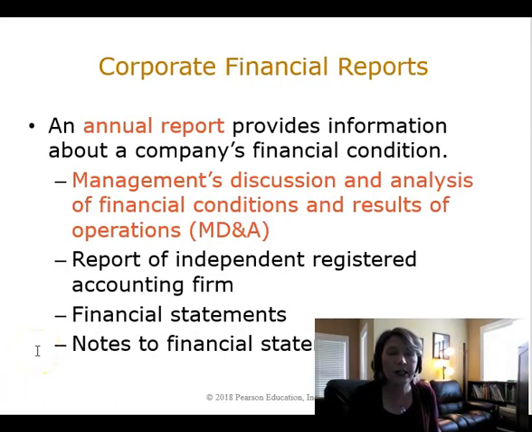Okay, for all publicly traded companies, corporate financial reports are available to anyone that asks for them or looks for them. Smaller companies or non-publicly traded companies also have these, but they may not be available to the general public. An annual report is going to provide the information about a company's financial condition.